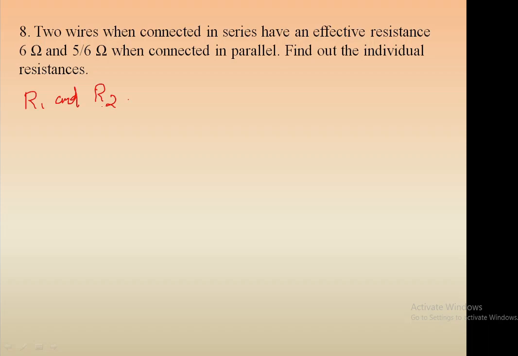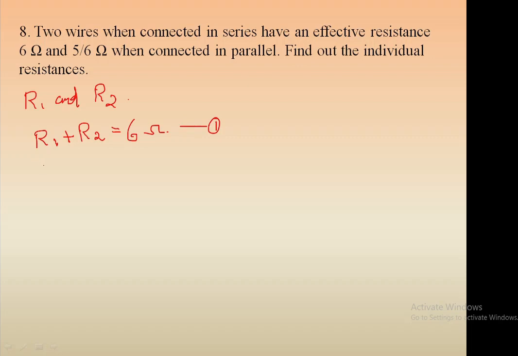When they are connected in series, the effective resistance is 6 ohm. So let us write R1 plus R2 is equal to 6 ohm, because when they are connected in series, the effective resistance is 6 ohm. Let us call that equation number 1.